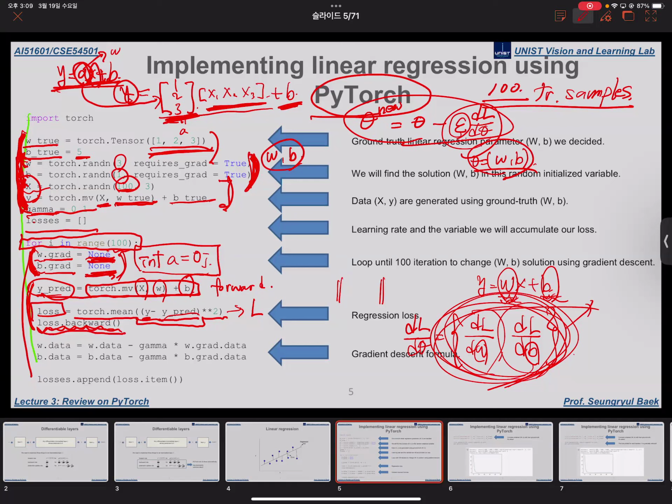But because you are using the PyTorch library, you can just call this loss.backward function.